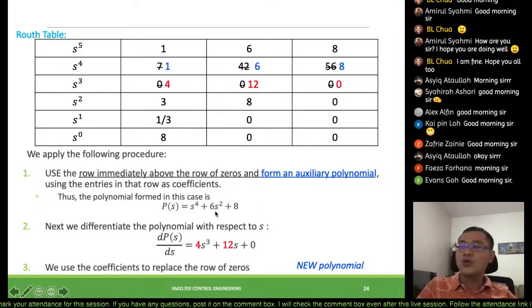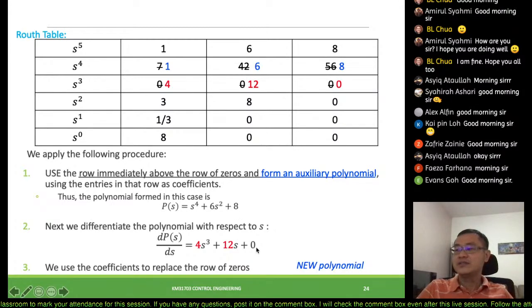Once we have this auxiliary polynomial, we differentiate it with respect to S. Then we get 4S3, then this one multiplied with this gives 12S plus 0. This would be our new value over here. We assign 4 over here, 12 over here, 0 over here.